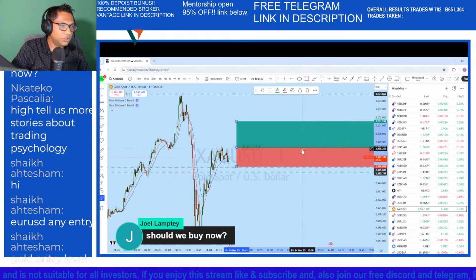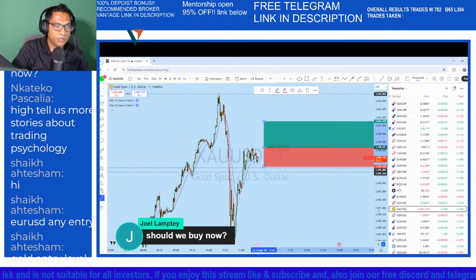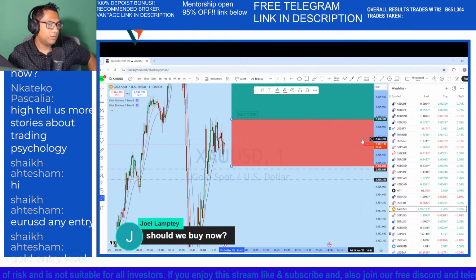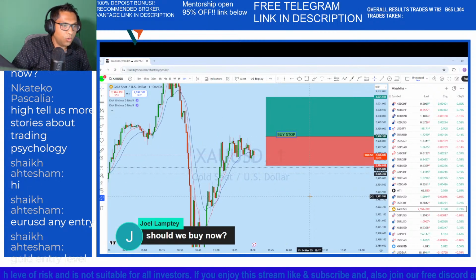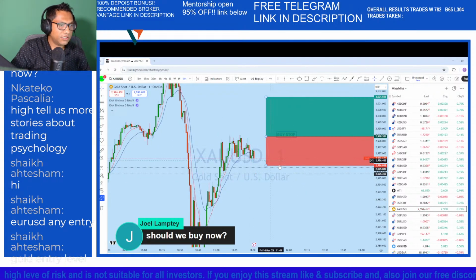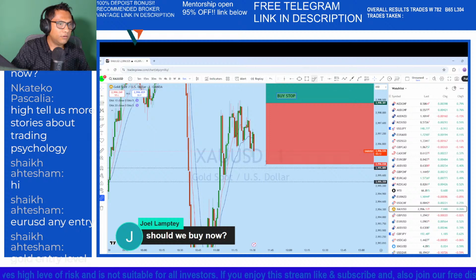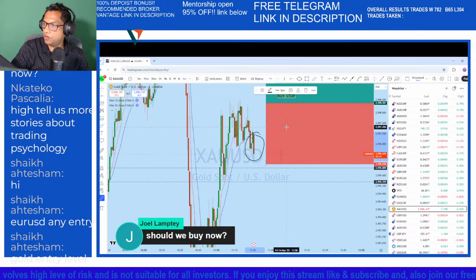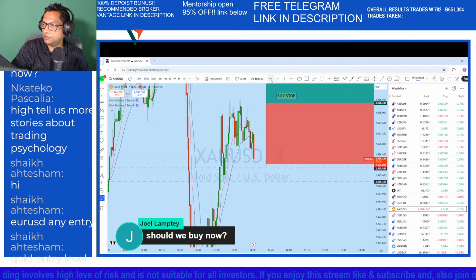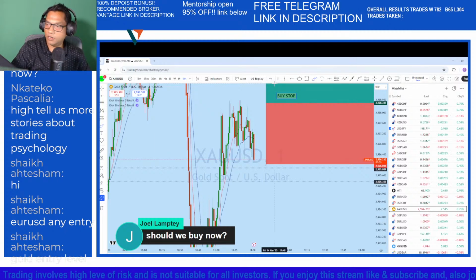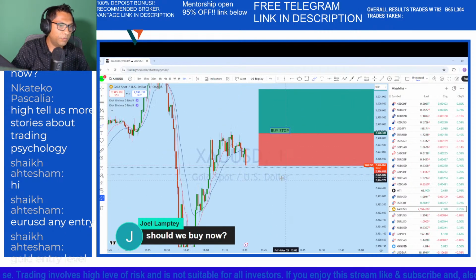That's a good thing to see. You can see this is a narrow zone here, which is a smaller area. And you can see there is a bearish drop here from the support level.